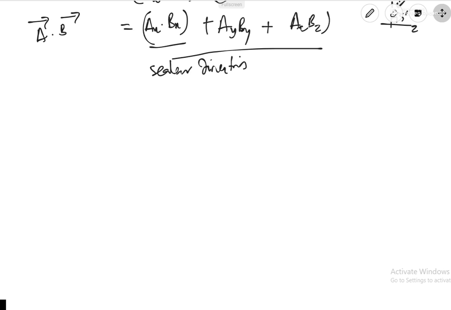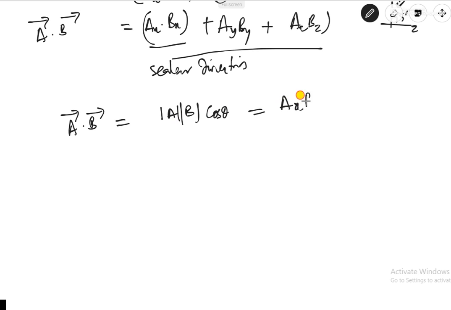So we also know that A dot B, vector A and vector B, is equal to the magnitude of A times the magnitude of B into cos theta. This is again equal to AX BX plus AY BY plus AZ BZ.